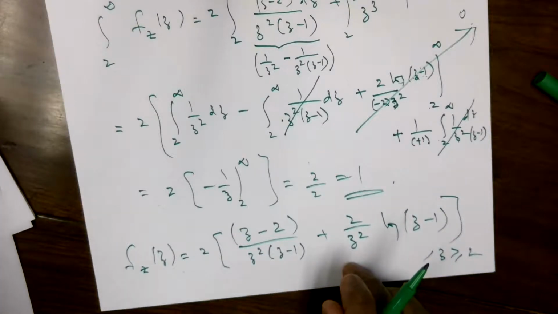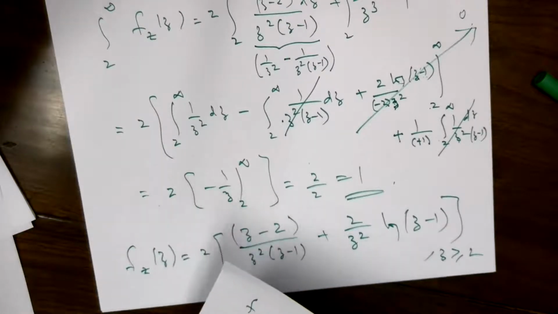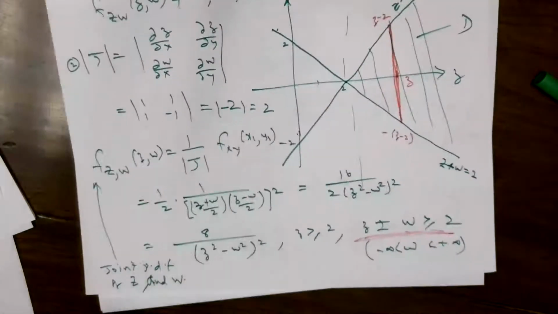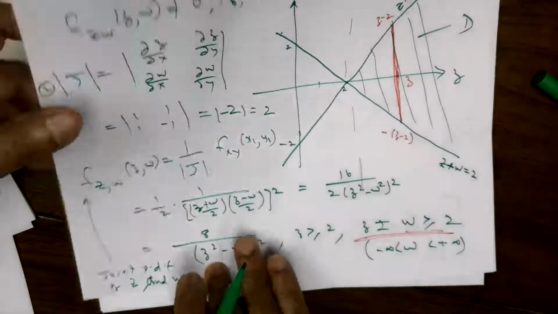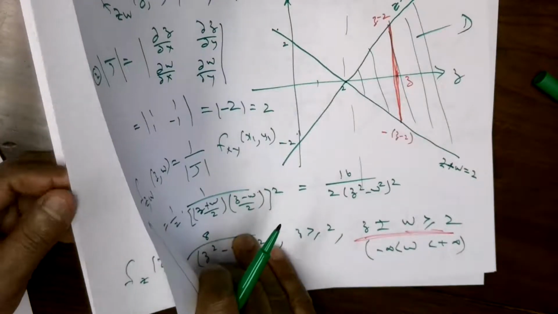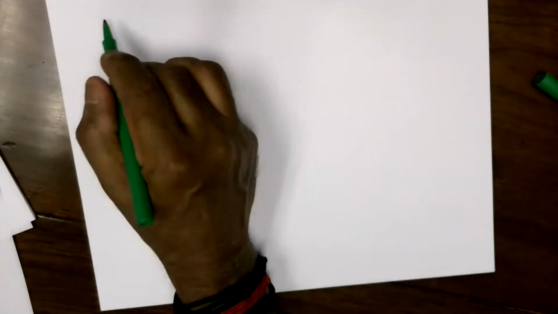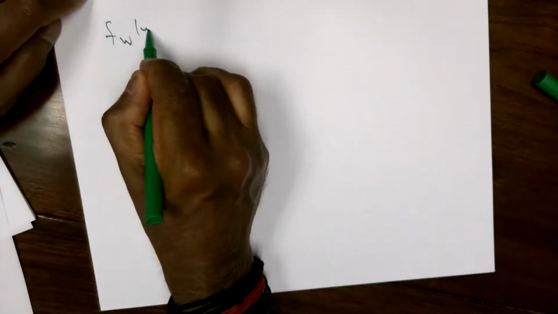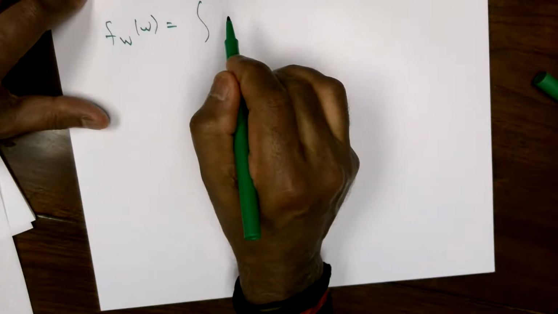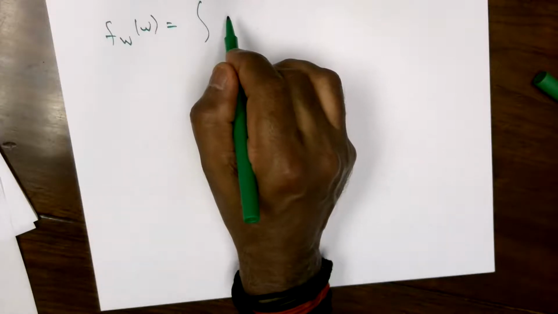And somewhere before we had the joint density function as this one. So now I'm going to do the marginal density function of W. So once again, we have two cases to deal with.